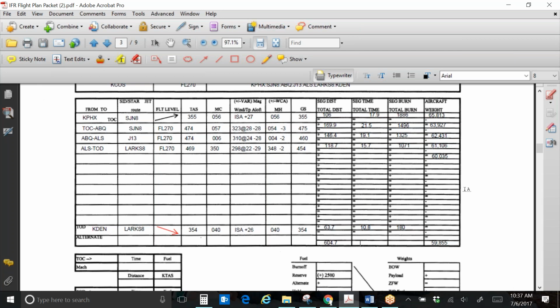Total time of 17.9 plus 21.5 plus 19.1 plus 15.7 plus 10.8 equals 85 minutes. So 1.416 hours, which equals 25 minutes. So 1 hour and 25 minutes.